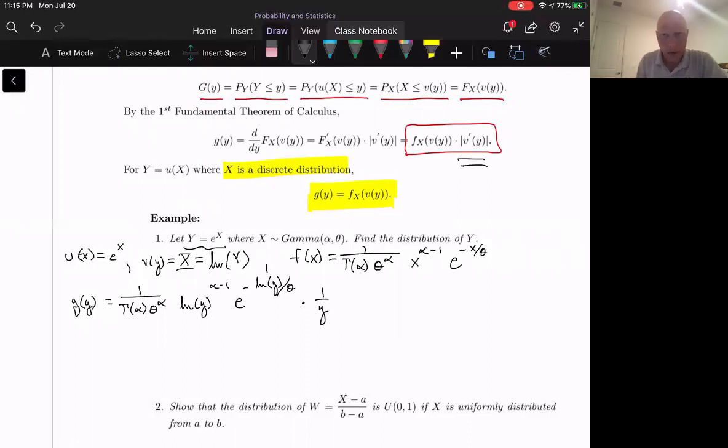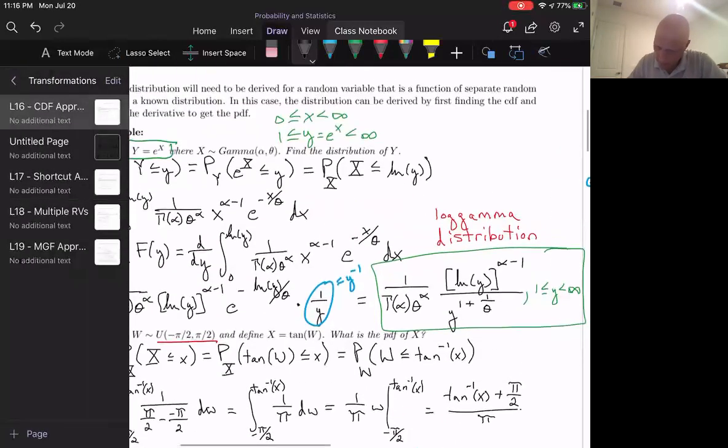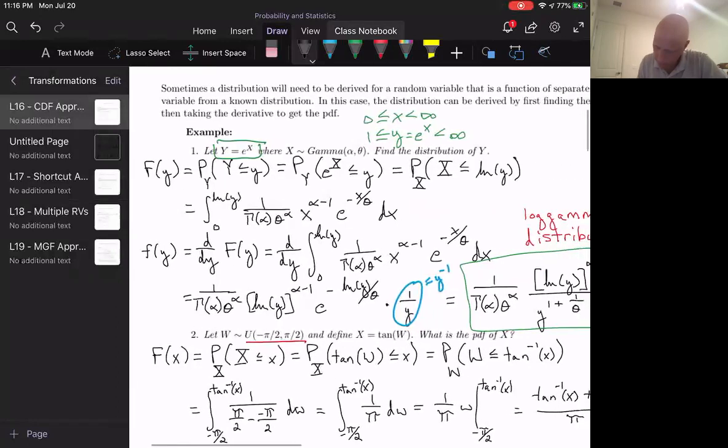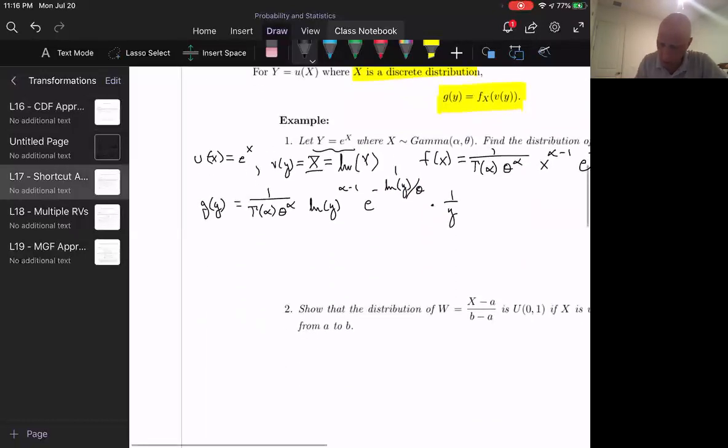And then from here, this is exactly what we had right at this point. And so you would make those same manipulations if you wanted to simplify a little bit more.